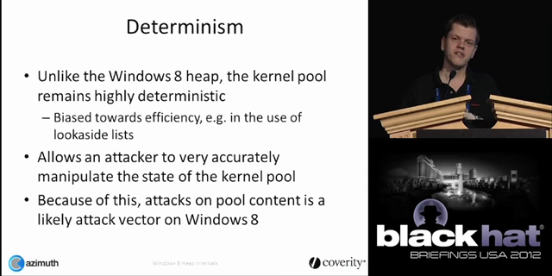And because of this, it's very likely that attacks on pool content will be a likely vector on Windows 8, even though the metadata associated with pool chunks is very hardened now. Pool content is still a very feasible way of attacking or leveraging pool corruption vulnerabilities.